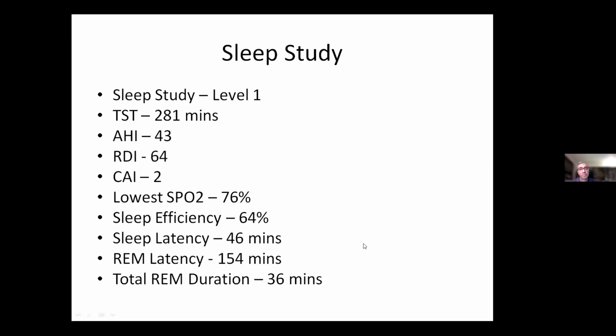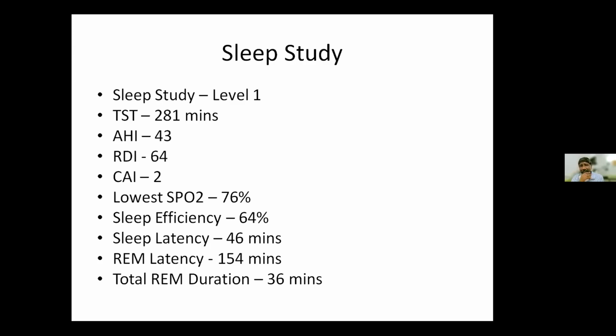Yes, absolutely. Dr. Vijay, any particular reason you had done a level 1 study for him? Usually my choice is when the patient has a lot of sleep disturbance where you will not exactly know the total sleep time, I choose level 1.